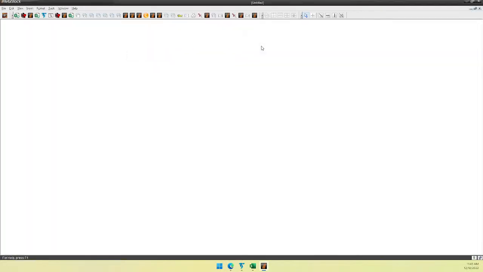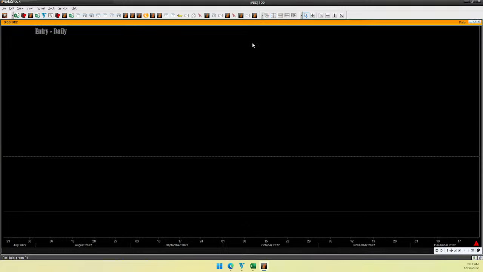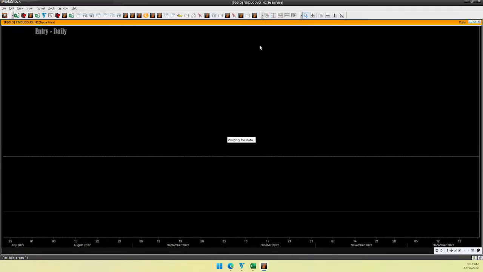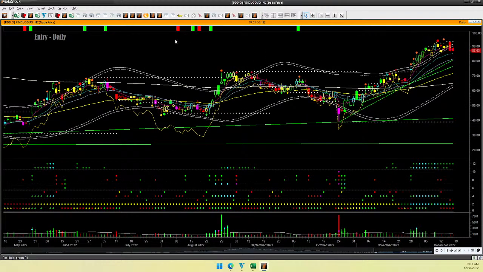Let's try PDD. No, PDD.O. Yes, PDD.O, Pinduoduo. Remember the bearish headwind in the CSI 300. Pinduoduo also had the bearish headwind at the very top around the same time.